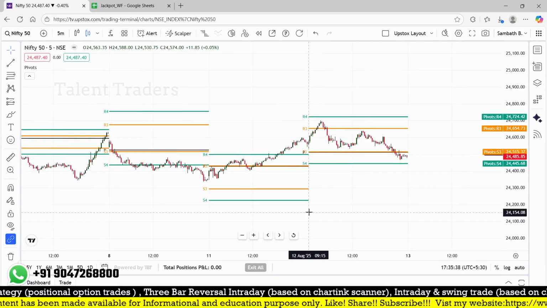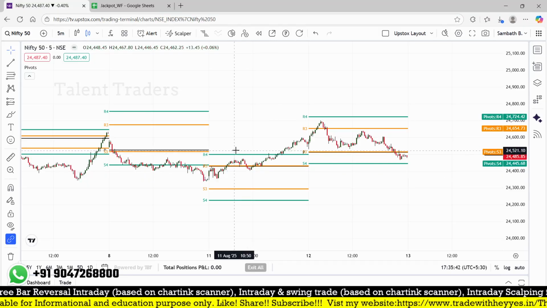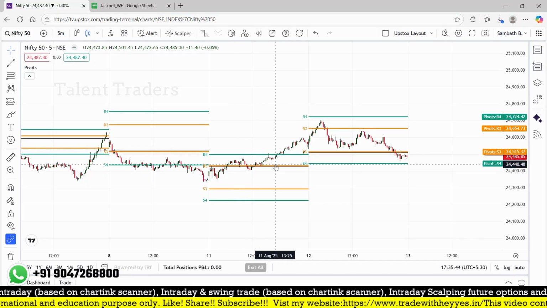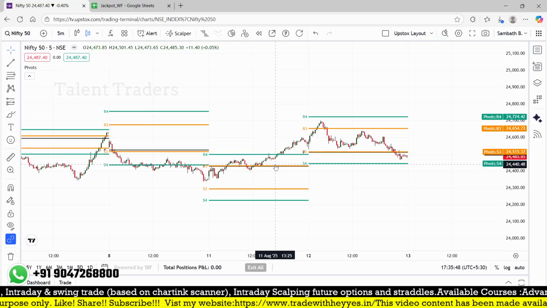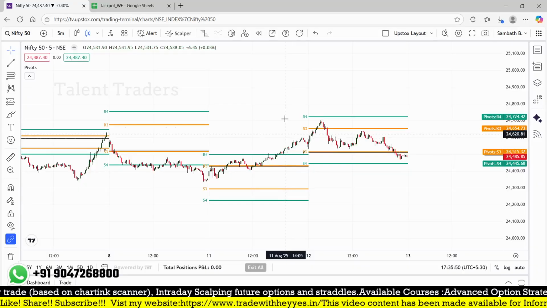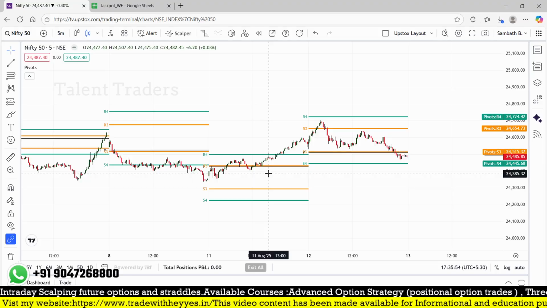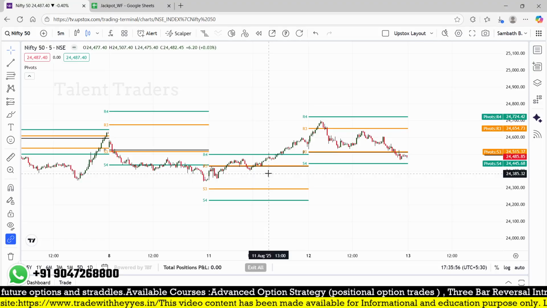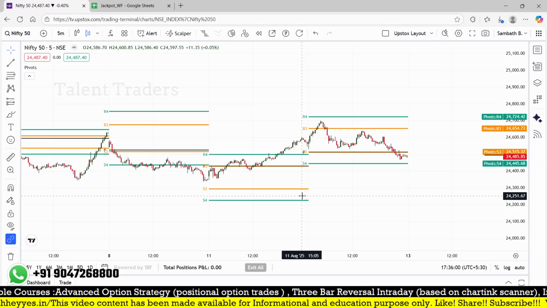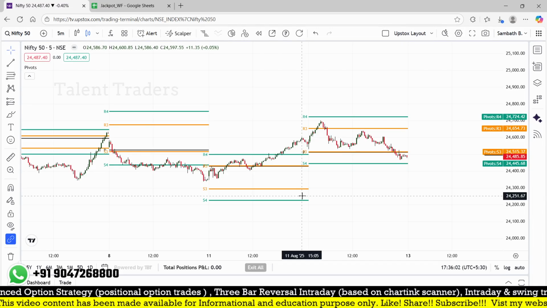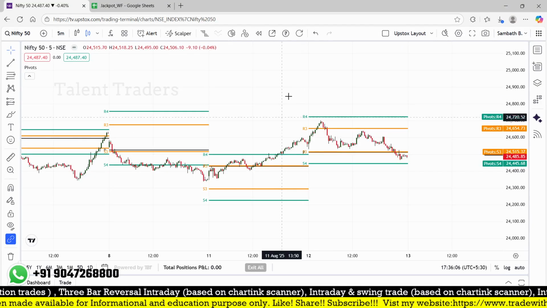But for options, we have no other tool to find such a scanner. So we have created one, using a mathematical formula to calculate the Camarilla levels. We use Excel to find such levels one day in advance. So a day before, we can easily find the stocks which are forming such an inside pattern.